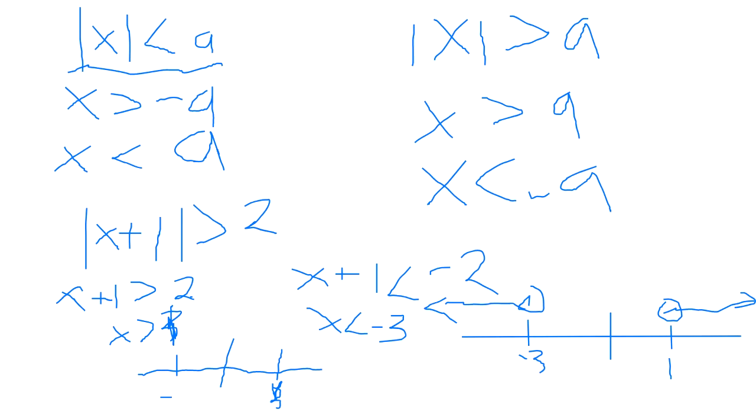So if you look at it in interval notation, it will be negative infinity to negative 3 union 1 to positive infinity. Does it make sense? Yes.